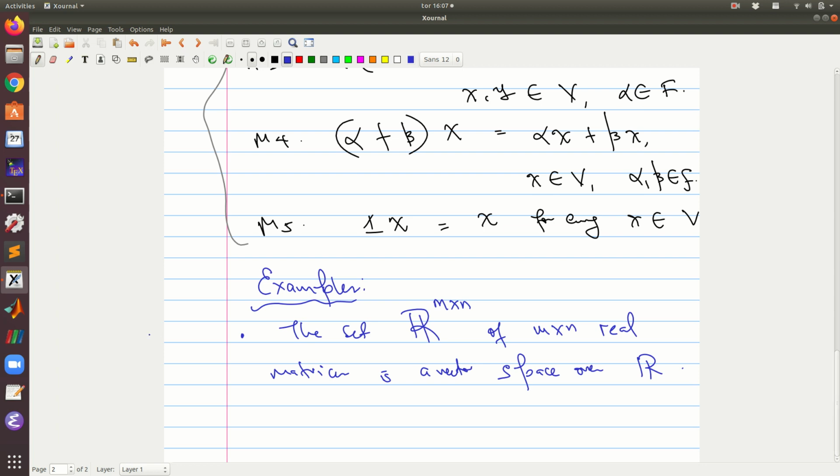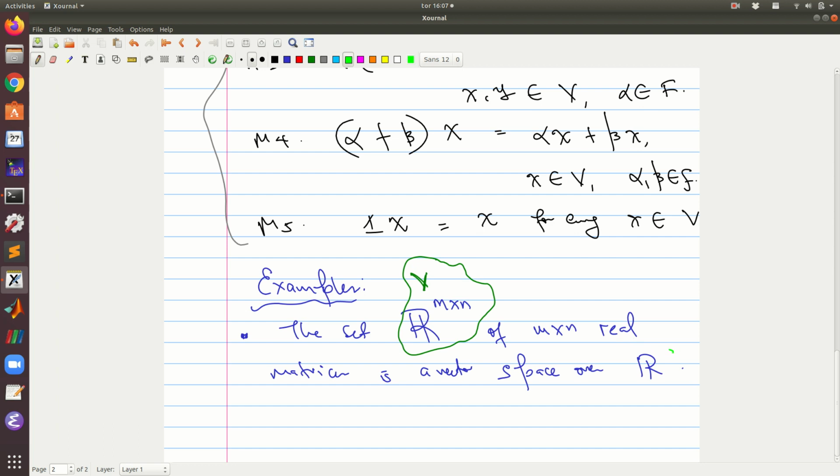Now, it is a trivial exercise for you to show that this space V, which is the space of all real valued matrices of order m by n, is a vector space.